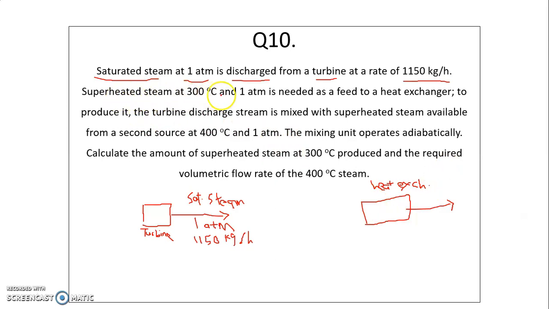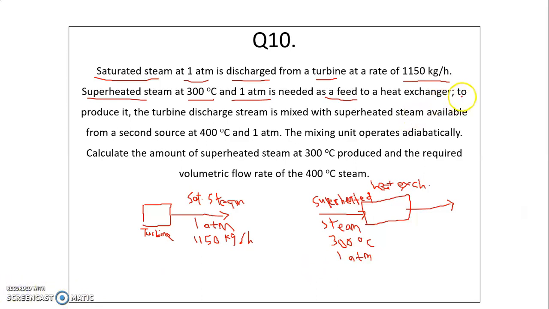Then superheated steam at 300 degrees C and 180 m is needed as a feed. So we need to have a feed to the heat exchanger, and this will be the condition: superheated steam, 300 degrees C and 180 m.